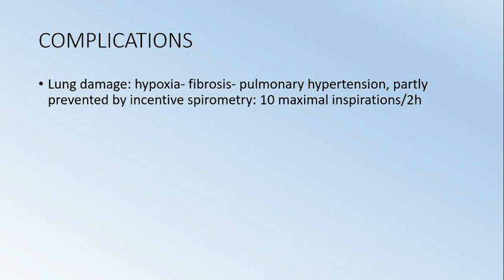And this can actually be partly prevented by intensive spirometry of 10 maximal inspirations every 2 hours. This can help prevent lung damage or the hypoxia fibrosis leading to pulmonary hypertension. So this helps reduce or prevent that.